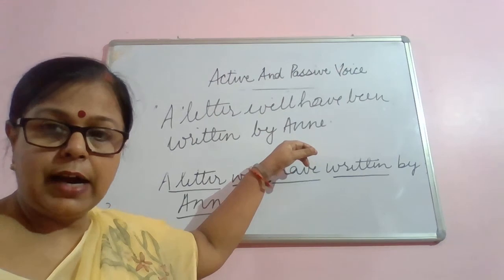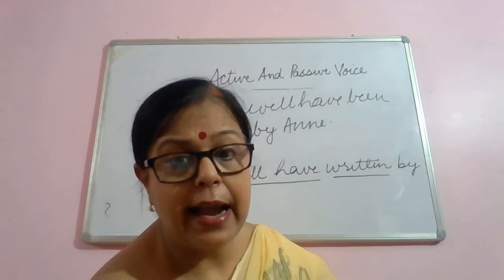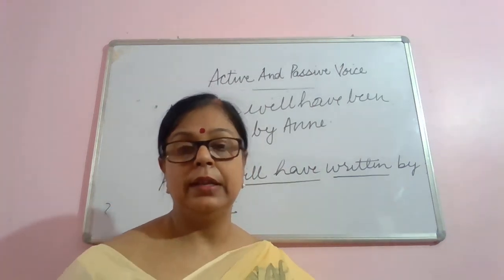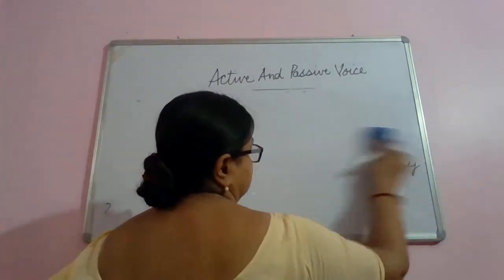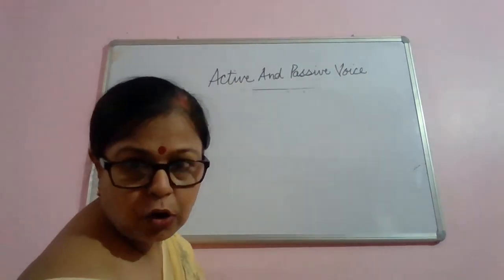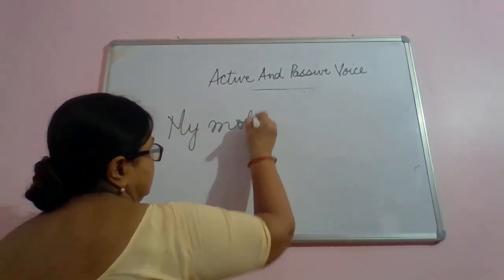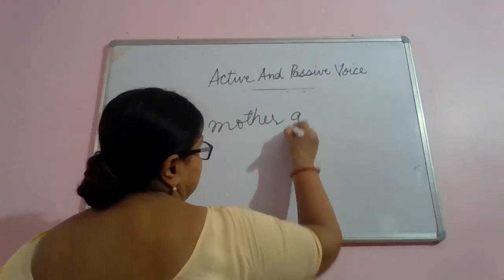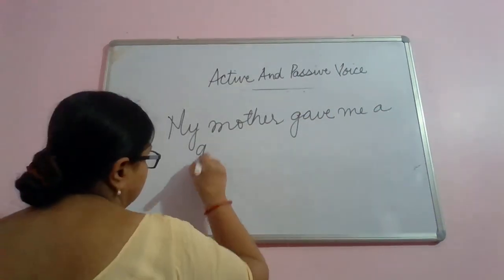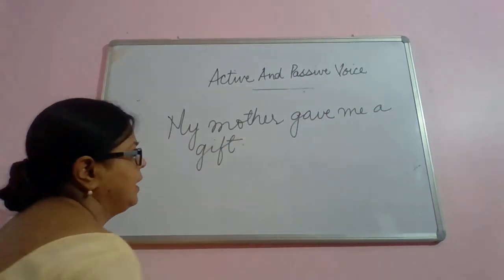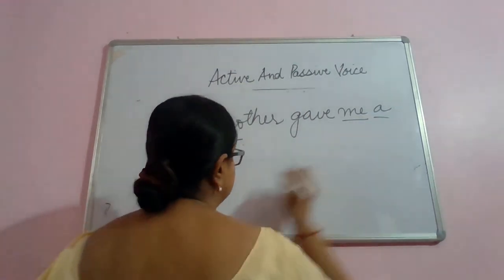So tense we have understood. Now there is one more change in active and passive voice, that is double object. What is double object? My mother gave me a gift. Me is one object, gift is the second object.